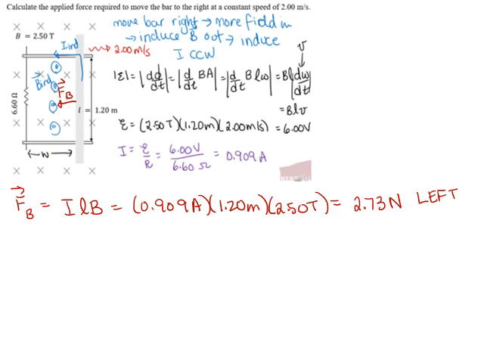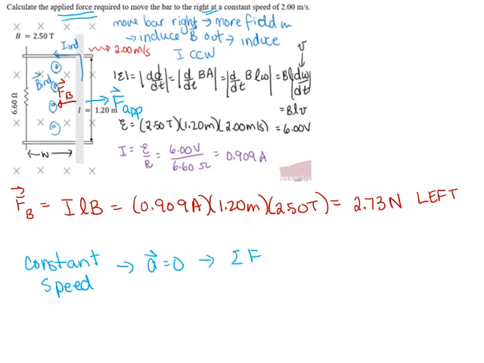The problem asked, calculate the applied force required to move the bar to the right. The reason that bar moves to the right is because we pull on it with some applied force. It's moving with a constant speed. That tells us that the acceleration has to be 0. So the net force equals mass times acceleration.